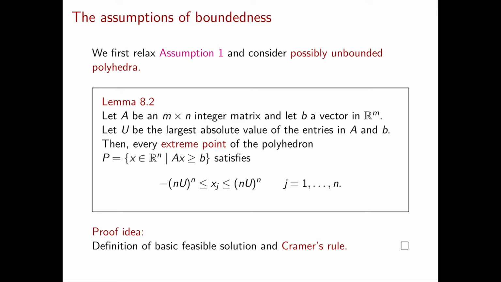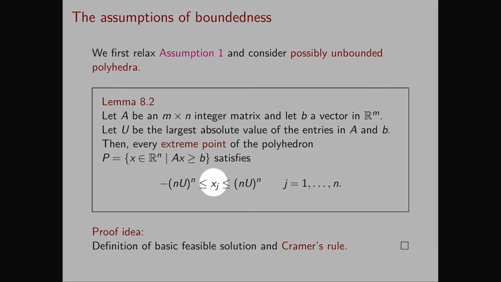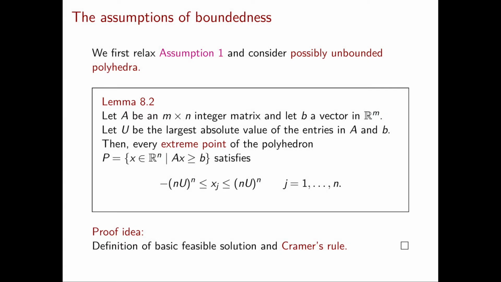Then every extreme point of the polyhedron P, defined by the system Ax greater than or equal to b, satisfies xj between minus U to the n and U to the n, and these inequalities hold for every j from 1 to n. I leave the proof of Lemma 8.2 as an exercise for you. This is just an exercise of linear algebra.